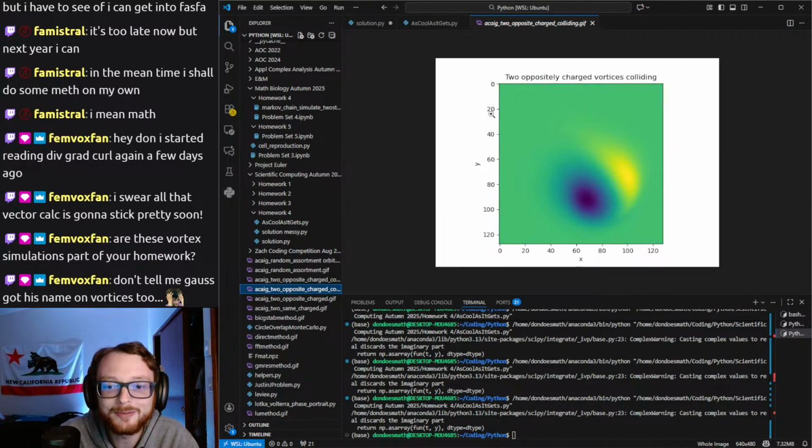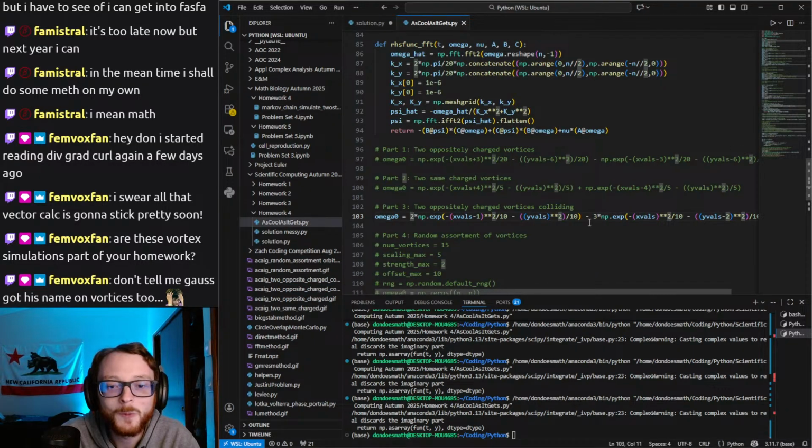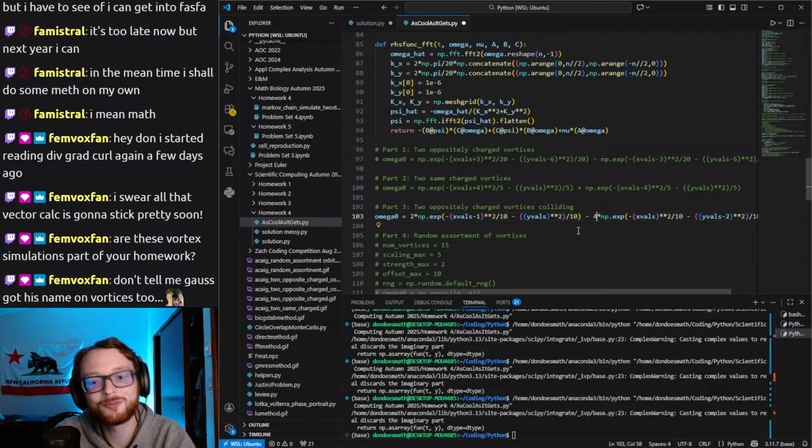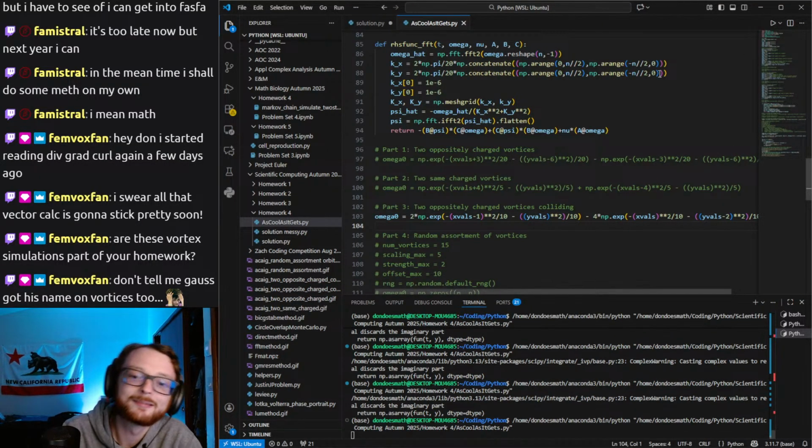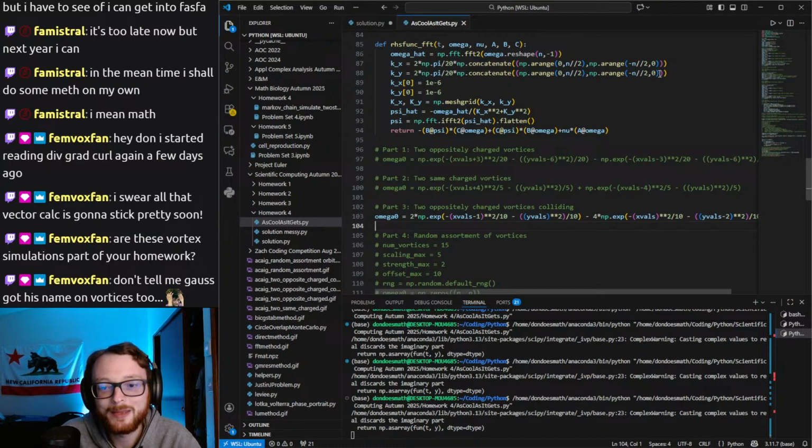We got an orbit. They're not really colliding, though. What if we make... I mean, there's no way this is gonna work, but what if we make one of them even stronger?